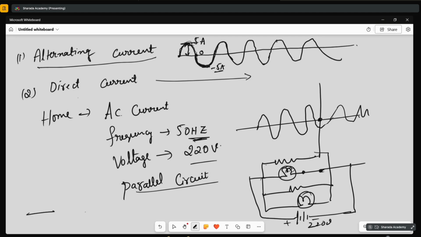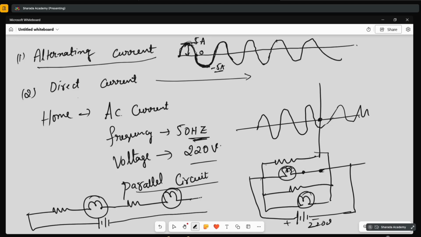But if you consider the same thing in a series circuit, if this bulb is not working, it becomes an open circuit like this. Then all other circuits also will not work because current will not pass through it.